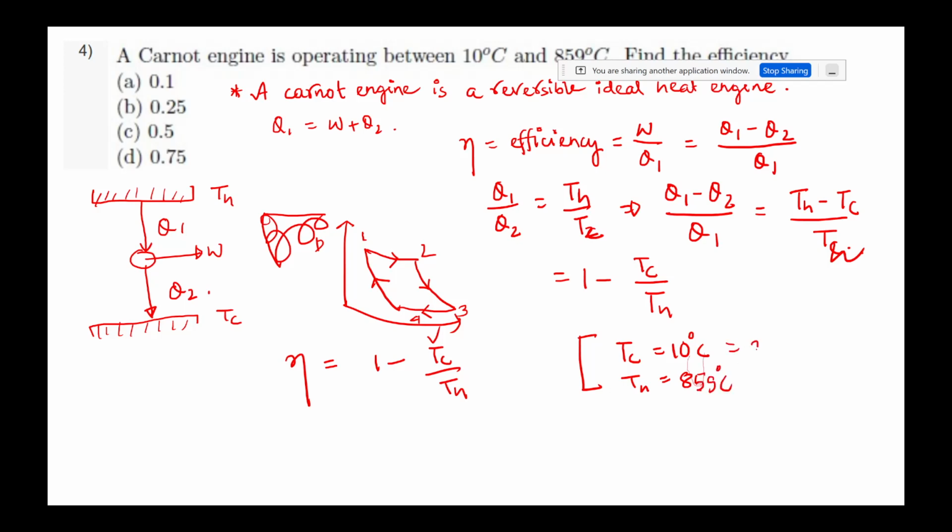So TC will be 283 Kelvin. Yes, of course, all this time temperature will be in Kelvin. TH is 273 plus 859, so this is 1132. Okay, so please do the rest and tell me what is the answer.